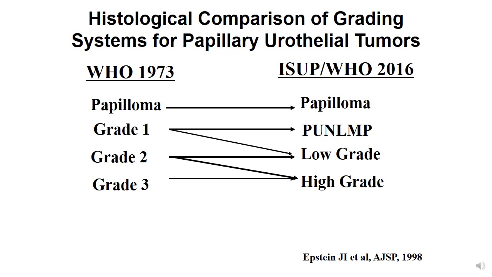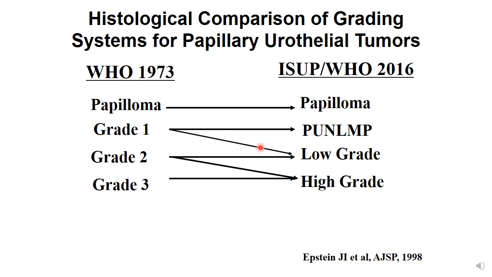The original classification of non-invasive papillary urothelial neoplasms was typically divided into a 3-tier system, in addition to papilloma, which is a benign process. From that 3-tier system, now we have a 2-tier system. The tumors are divided into low grade and high grade processes.